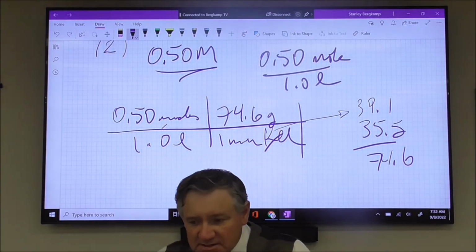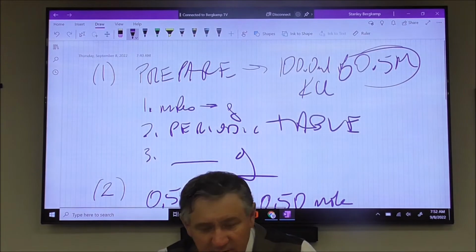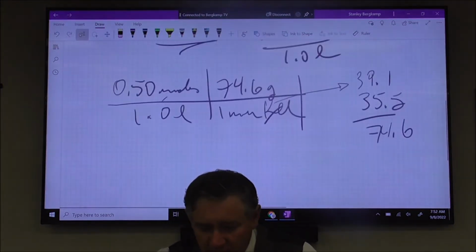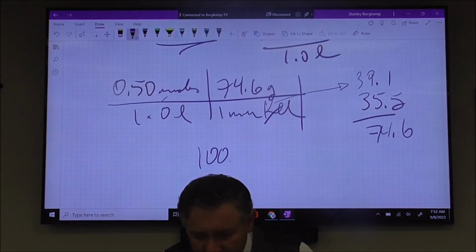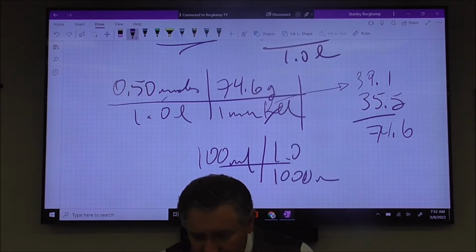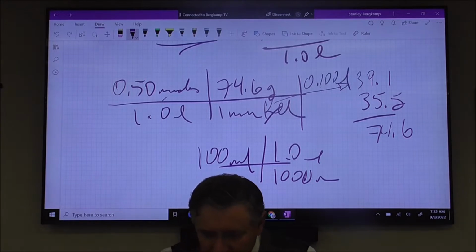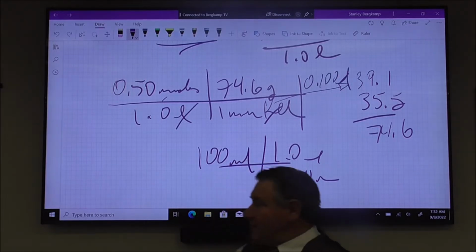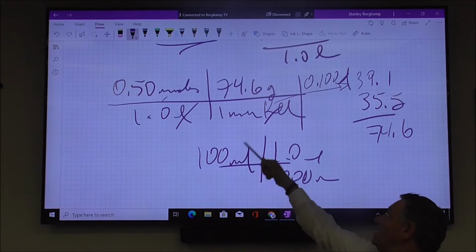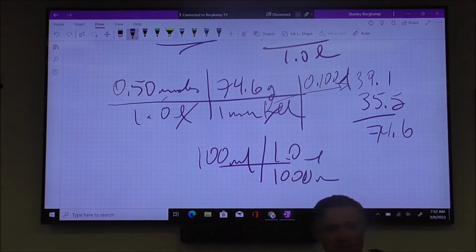I'm only going to mix up 100 milliliters. So you can take the 100 milliliters. There's 1,000 milliliters in 1 liter. You divide, you get 0.100 liters. So then look what happens. The liters cancel out, the moles cancel out, you get grams.